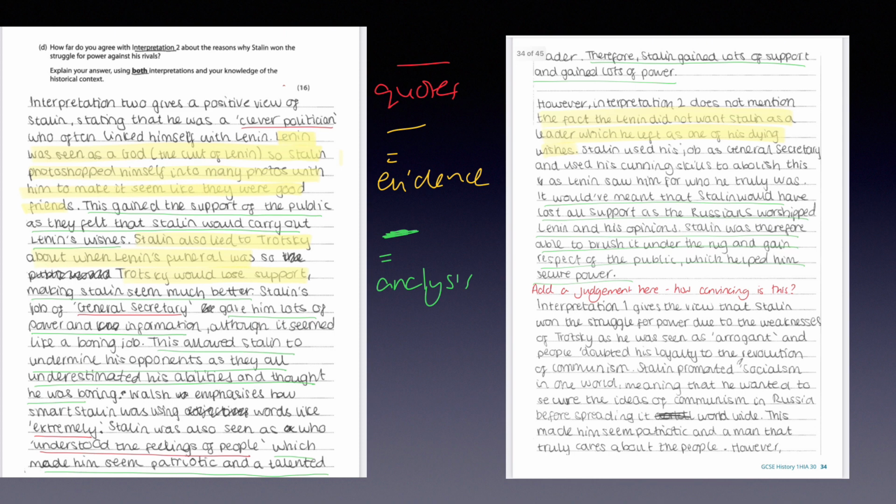Now, the reason why this answer starts with interpretation 2 is interpretation 2 was in the question. That is absolutely fine, but what I tend to find is sometimes students then forget to do the other interpretation, and they just say, oh, well, it only said interpretation 2 in the question, and they've not read the bit that says, explain your answer using both interpretations and your knowledge.